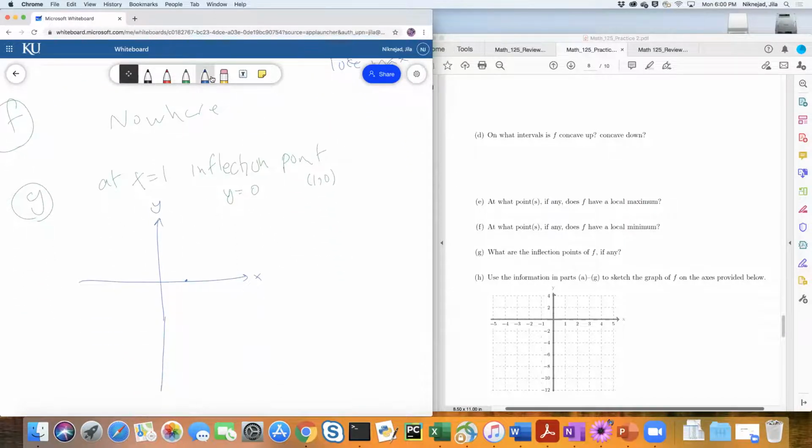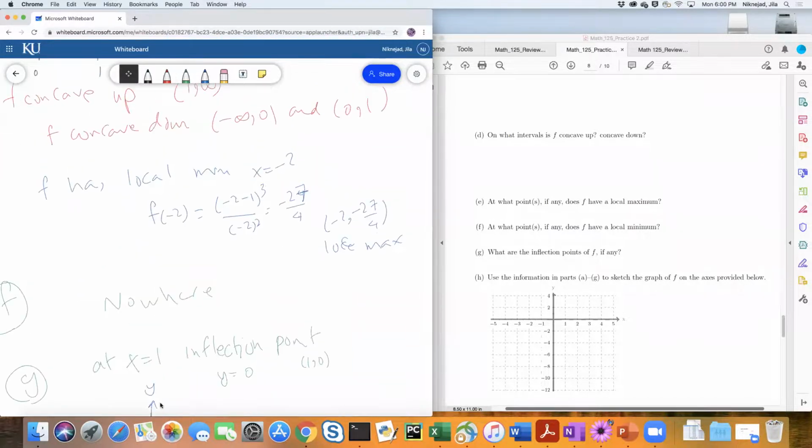So -2 and -6, and this is supposed to be a maximum. What else do I know? At x equal to 0, there is a vertical asymptote. That's the stuff that I know. Now I want to use the shape of the graph. Let's go back and figure out the shape of the graph.